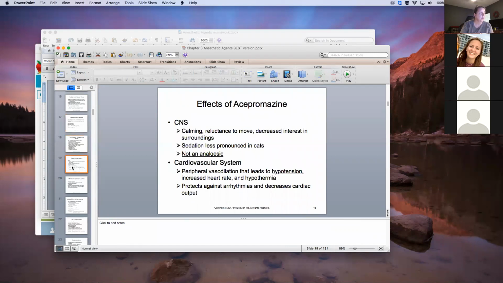It can be given orally too because there's a tablet, and can cause some hypotension. So on these slides, this is the best thing to study. Your drug chart is supposed to help reinforce the information about these drugs. But where I'm going to get the majority of my information for the test is the PowerPoint.